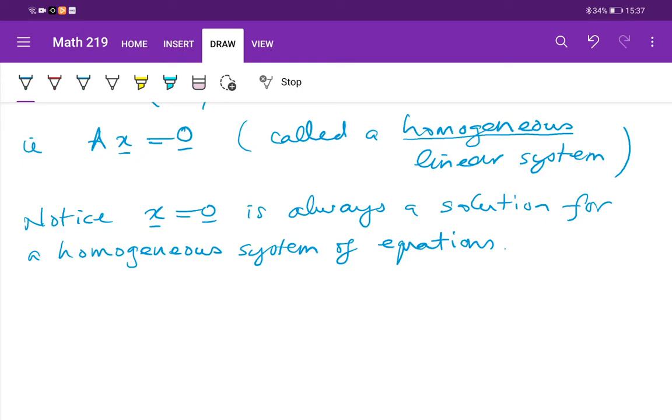So in this case, Gaussian elimination gives us the following two cases. If the determinant of A is equal to 0, before we had no solutions or infinitely many solutions. The no solutions case cannot occur since x = 0 is a solution. So we have infinitely many solutions.